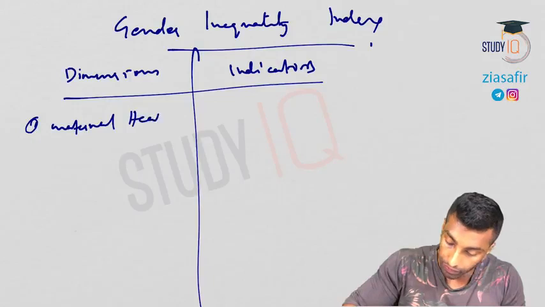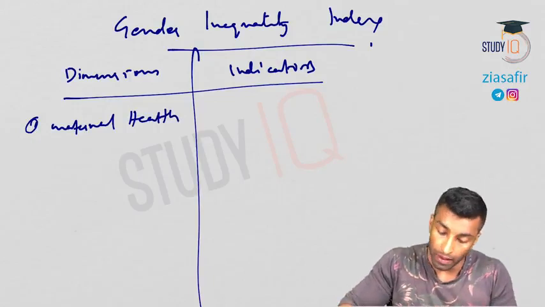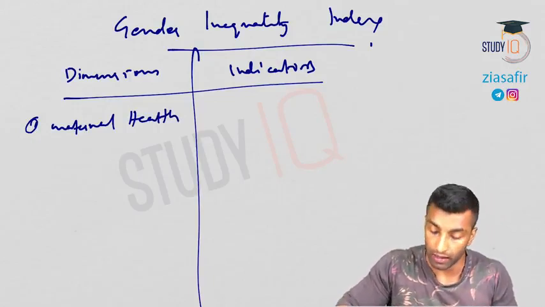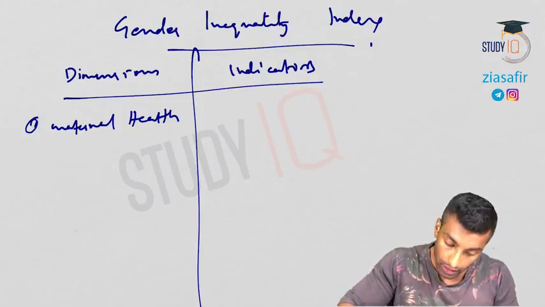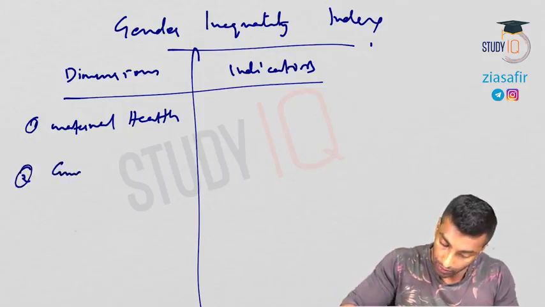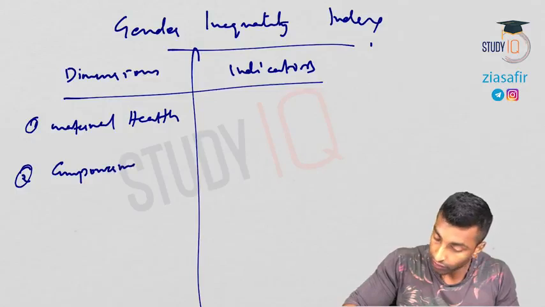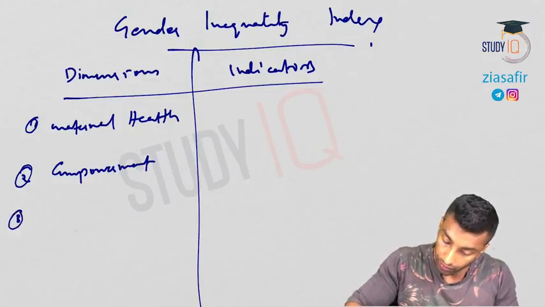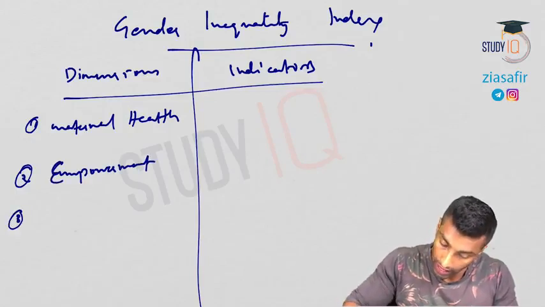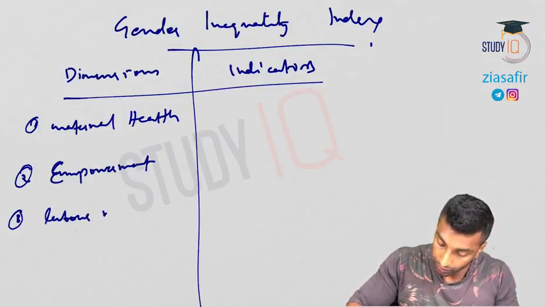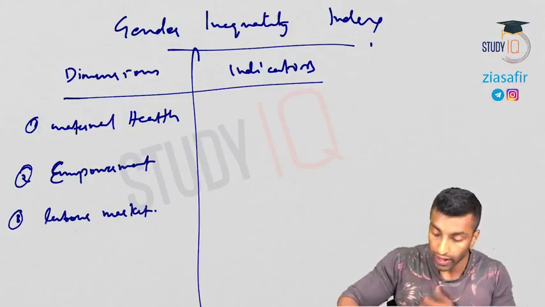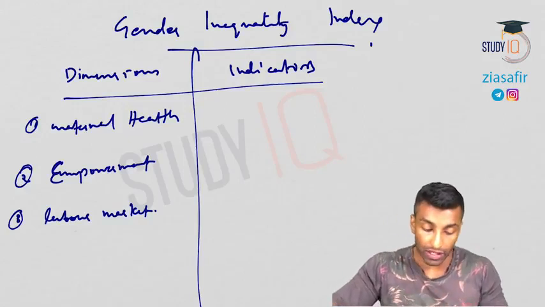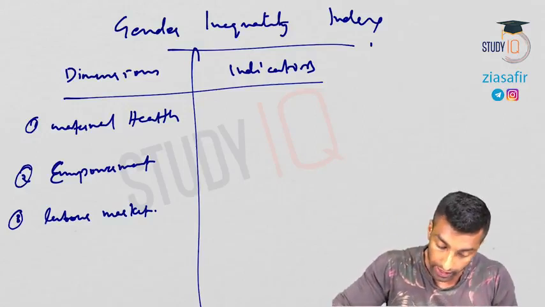So here the dimensions are: 1, maternal health. This is different, but it is related to health. 2, empowerment. 3, labor market. So these are the 3 dimensions. Now let's quickly see the indicators.